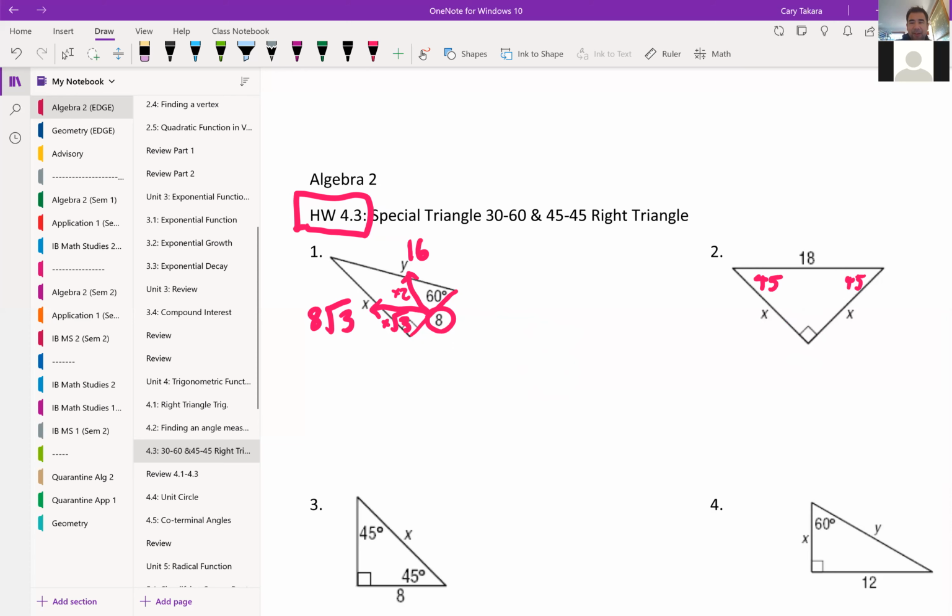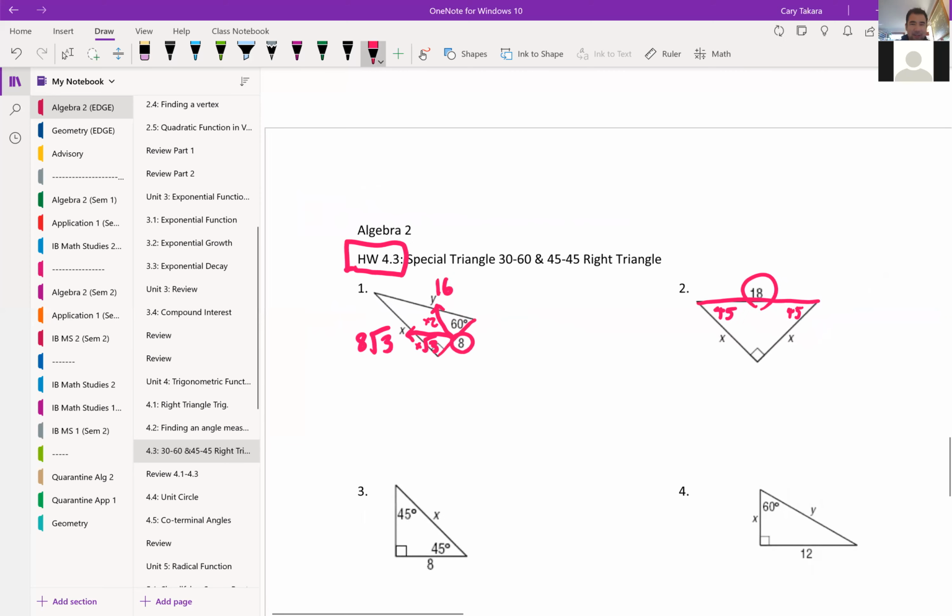Okay. And we do know the hypotenuse, right? Which is 18. How do we get back from hypotenuse to the leg? Now this is a 45, 45 though. Since we are going from long to short, you have to divide, right?